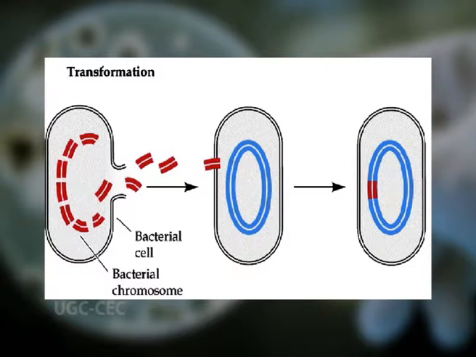Transformation is a mechanism of genetic transfer between bacteria in which the donor DNA is cell-free DNA in the recipient bacterium's immediate environment. DNA can be naturally released into the environment when cells die and lyse.